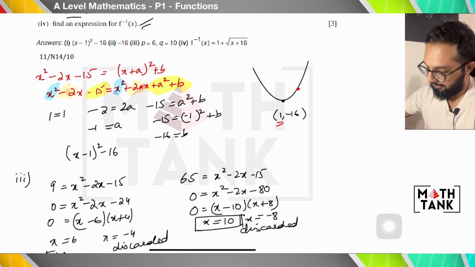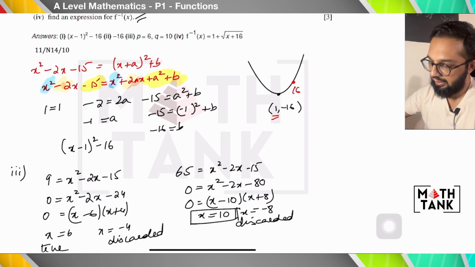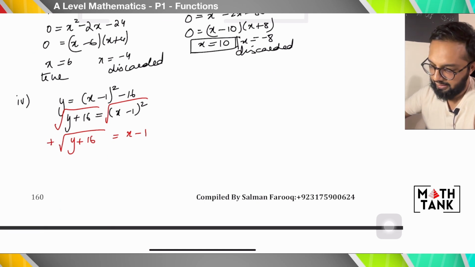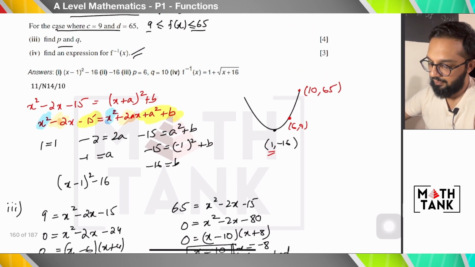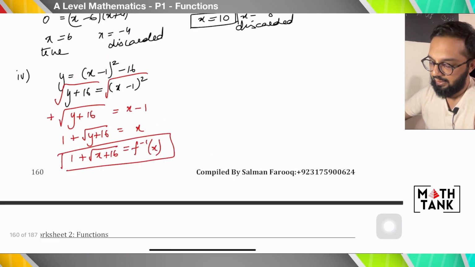It started from 6 comma 9. What did I get? Yeah, 6 comma 9 and 10 comma 65. So I can say that it's to the right of the turning point, therefore I'm going to put a plus outside and say that this becomes 1 plus the square root of y plus 16 equals x. F inverse, that is going to be my final answer.